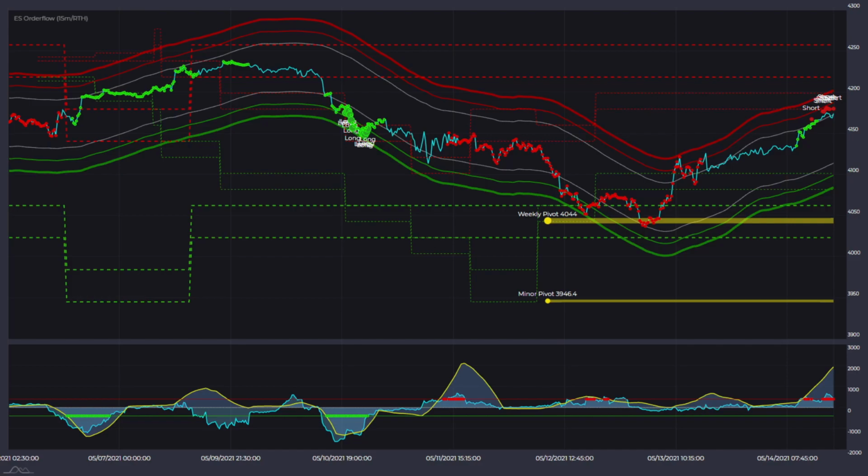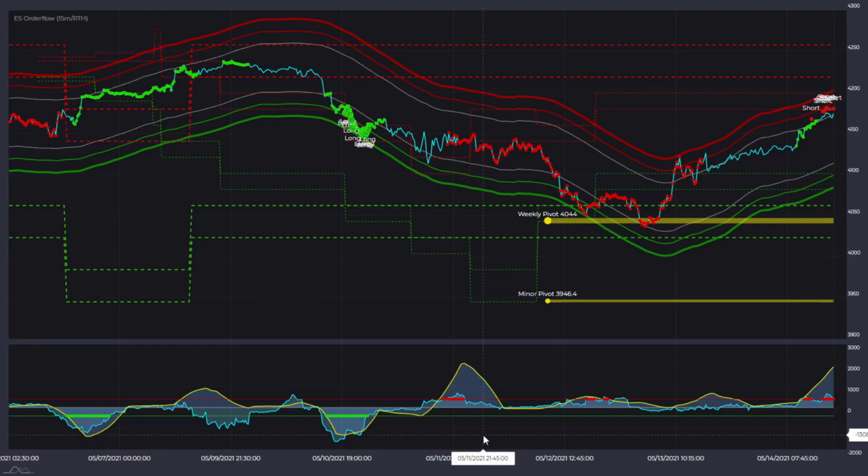So first of all, there is a video on the Momo indicator, so the order flow momentum indicators. These are the two in the lower section.